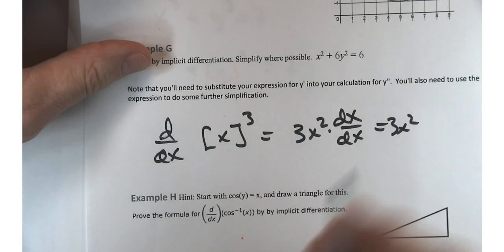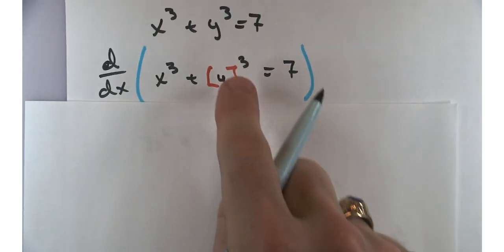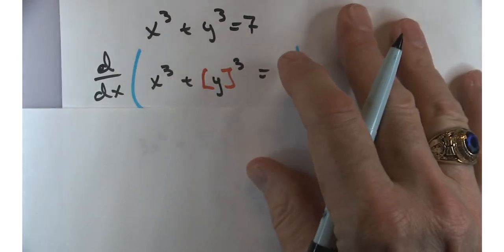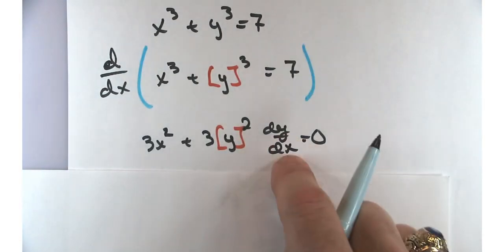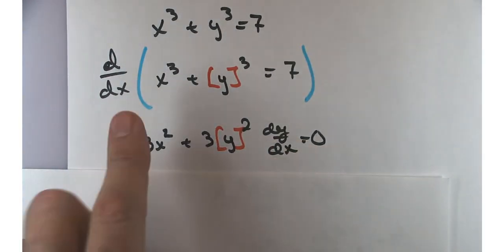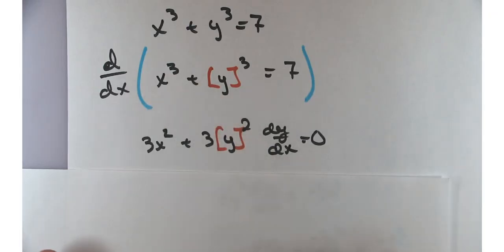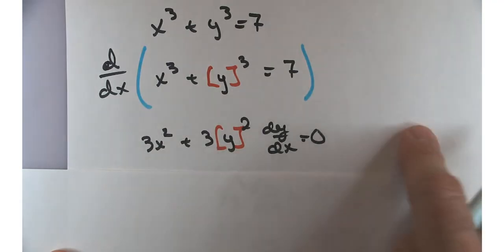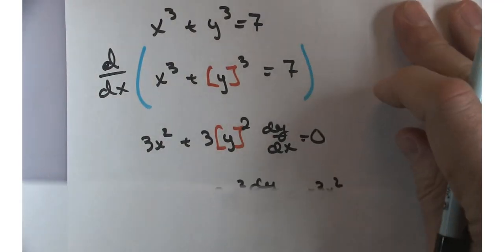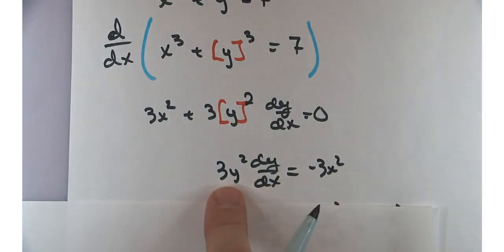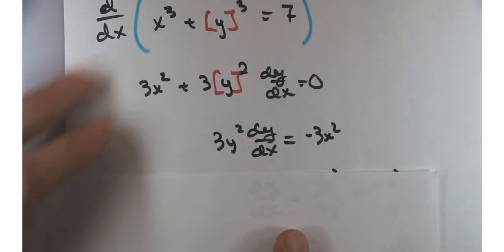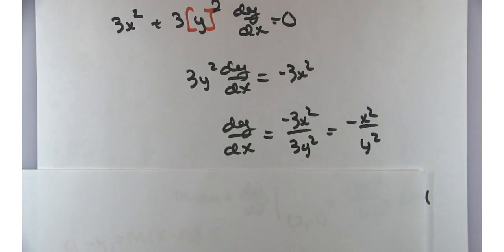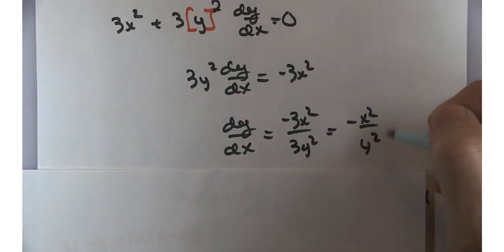Whereas when I'm differentiating y, I get my 3y squared, and the derivative of the inside is dy by dx. It doesn't disappear like it does when differentiating with respect to x. The derivative of a constant is 0. I'll move this to the side where it becomes negative, then divide both sides by this coefficient and cancel out the 3's.